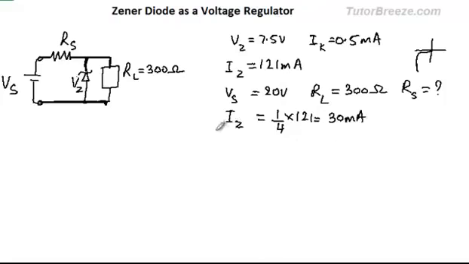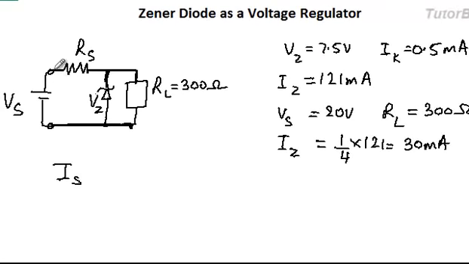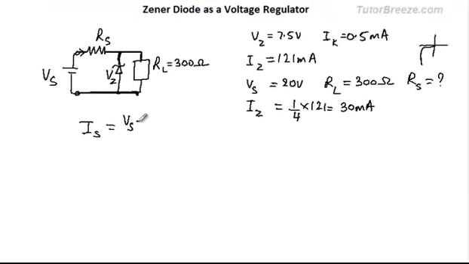You can see from the circuit over here that the series current Is is equal to Vs minus Vz over Rs. The load current through the load resistance, IL, will be given by Vz, the voltage across the resistance, which is the same as Vz.